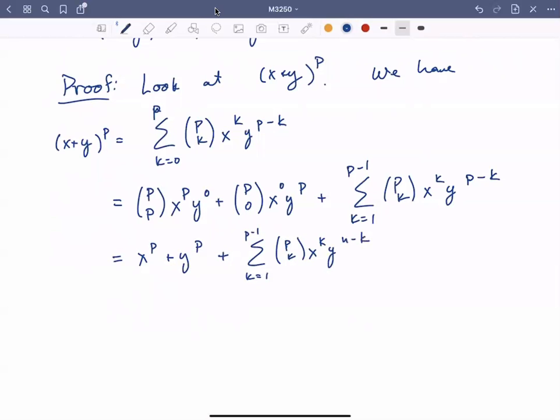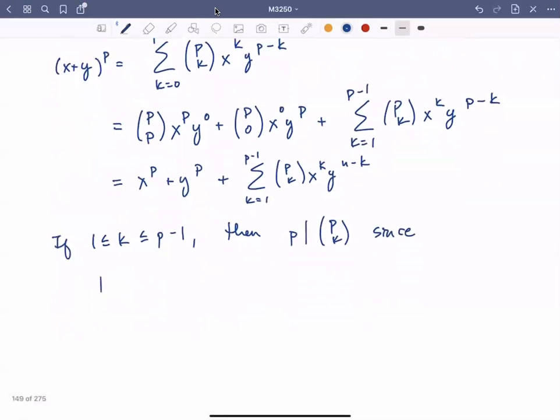Now, notice that if k is between 1 and p minus 1, in other words, if k is greater than 0 and strictly less than p, then p divides p choose k, since p choose k is nothing more than p factorial over (p minus k) factorial times k factorial.